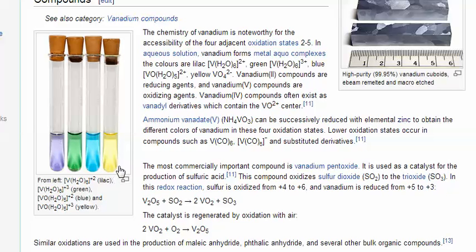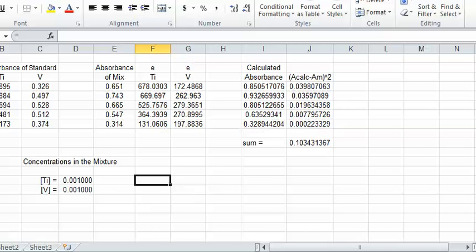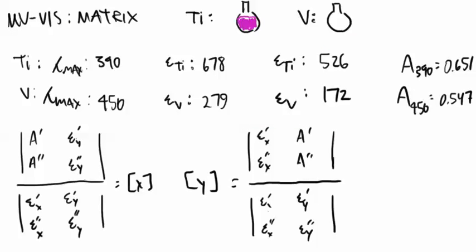In this example problem we are going to pretend we are using the vanadium 3 complex, and that's a green color. So I'm going to put in green for vanadium. It could have been either one, depending on which I chose, but there we go.